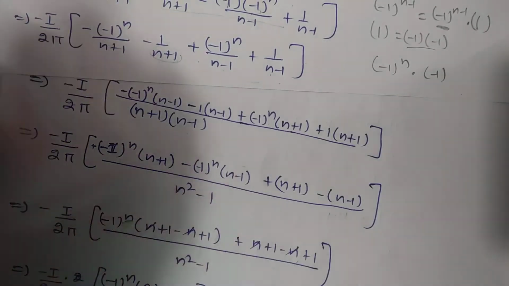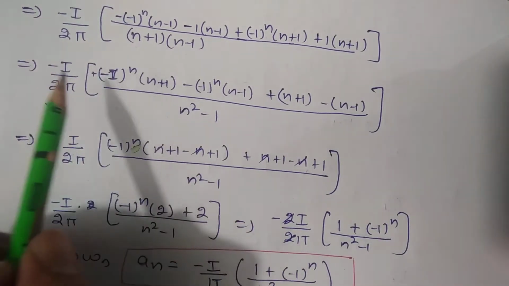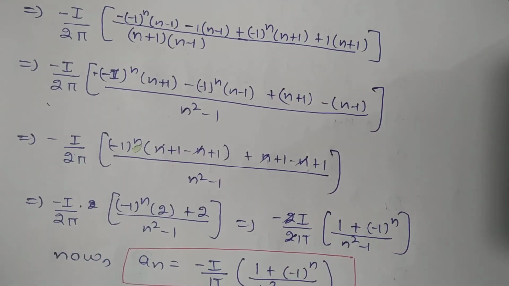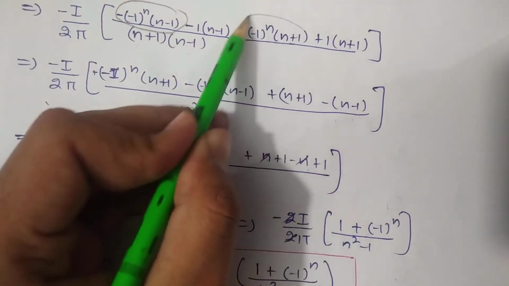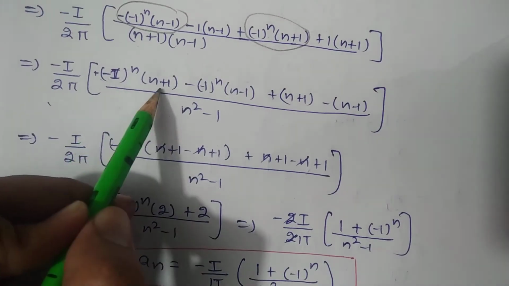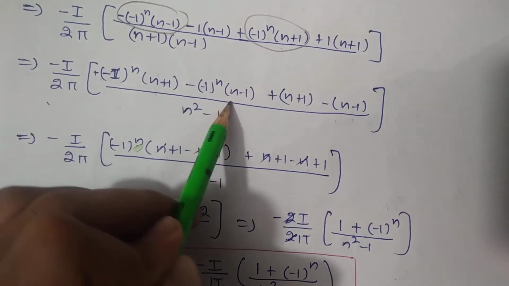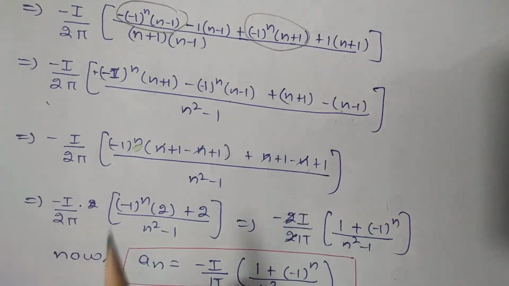Now further solving it, students, we will get (-1)^n into... sorry, just see, from this term and from this term I will take (-1)^n common, and inside I will put n+1 over there, and n−1 over there, and plus (n+1) and minus (n−1) over there.